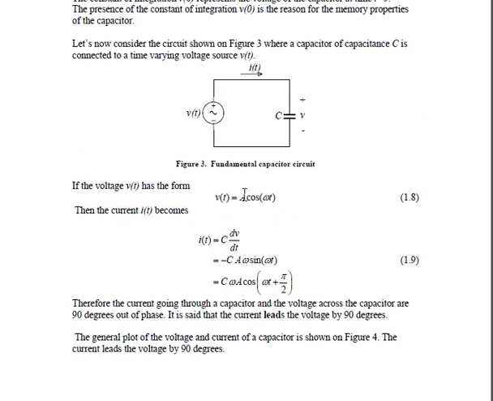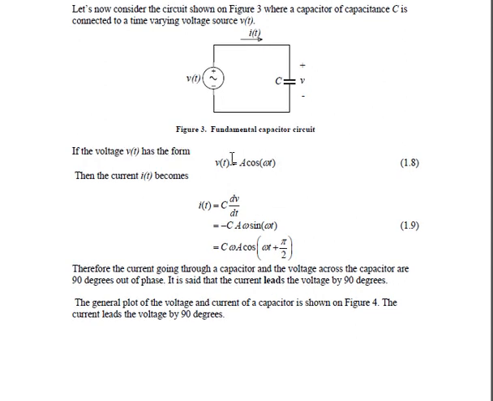Okay, so now, assuming that the source here is a function of cosine, it means that it is purely sinusoidal. As you can see here, cosine of omega t. Substituting that v of t here into the current for the capacitor, which is equal to C dV over dt, it means that we have to take the derivative of v of t.